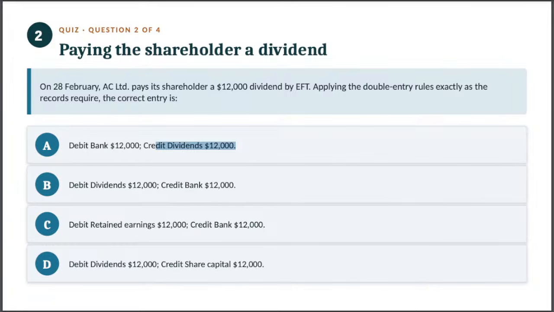Let me give a hint here: dividends could also be drawings. So think about this: if you're paying shareholders a 12,000 dividend by EFT, I'll leave it with that. You can always change your answer by putting in the number of the question followed by the changed letter. That said, we'll move on to question 3.